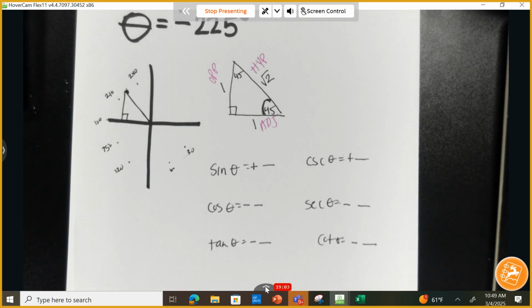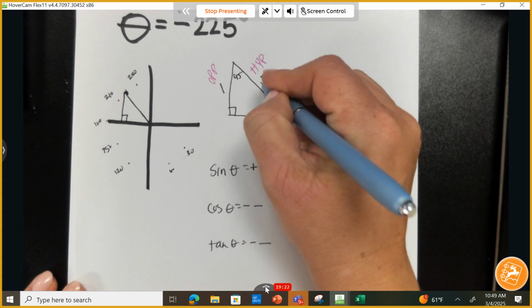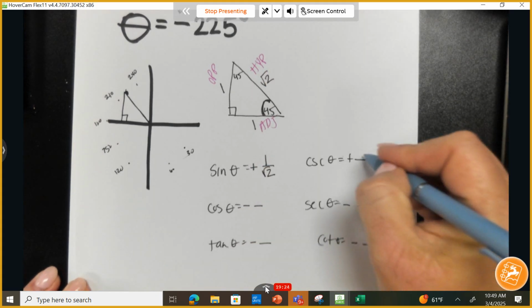Sparkles, what 2 words in the order, when you look at the ratio, describe sine? What words? What over what? Opposite over hypotenuse. So, right here, the opposite is 1. The hypotenuse is the square root of 2. And then I flip it.